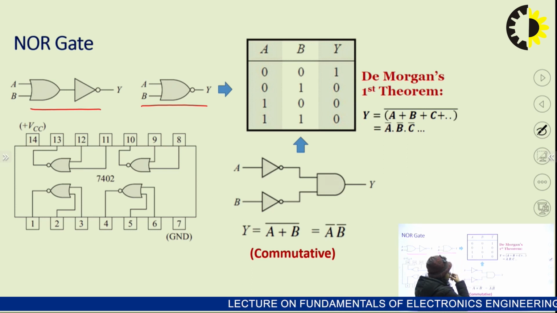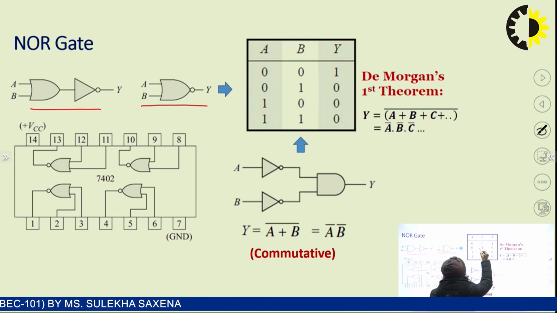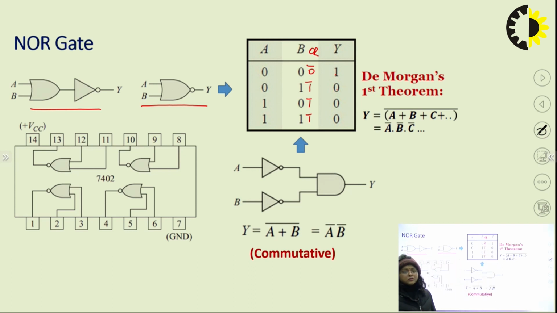In case of OR gate, if any one of the inputs is 1, output is 1, and the invert of that is output 0. So for 0 0, OR output is 0, and for all the rest 1. And if we invert this, then for 0 0 output is 1, and for all other combinations output is 0. This is NOR gate.